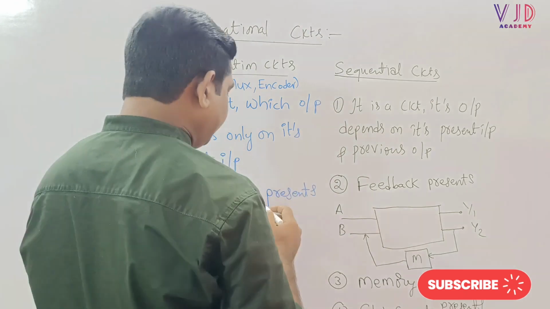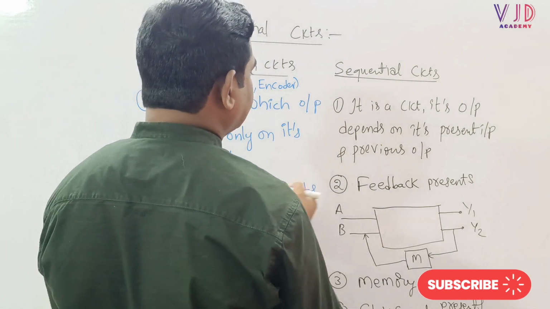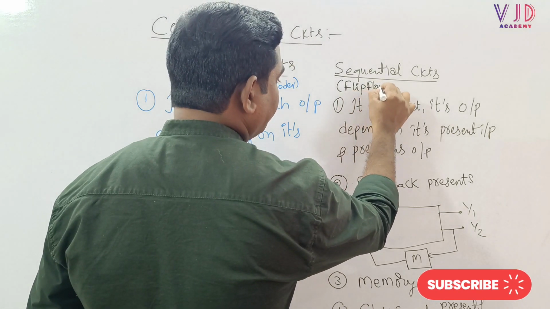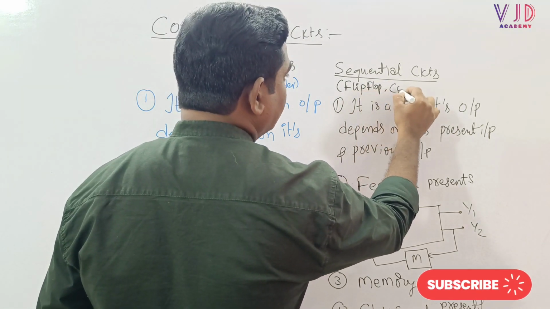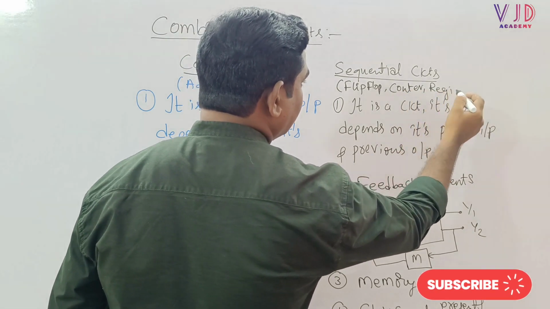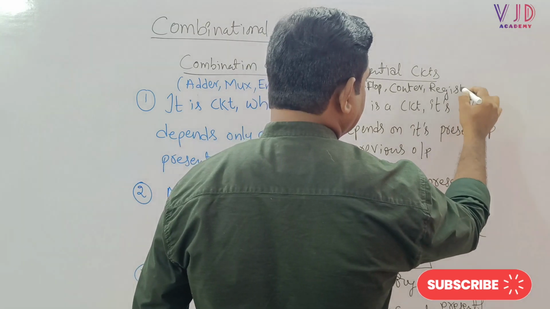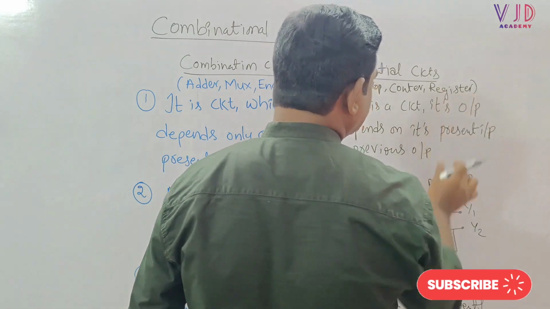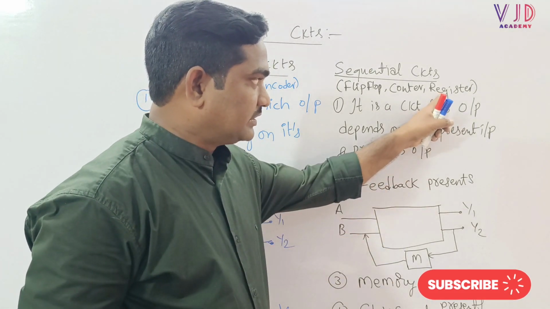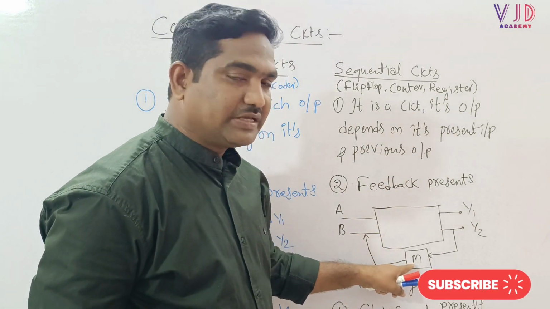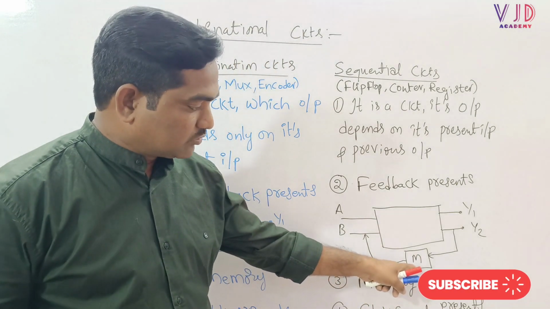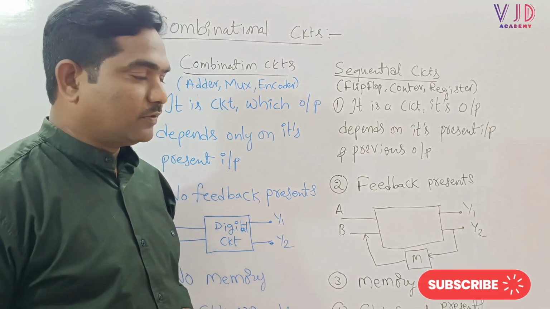Coming to sequential circuits, there are 3 circuits only: the first one is the flip-flop, the second one is the counter, and the third one is the register, not a resistor. This is a register, a 1-bit storage element used to store 1 bit, either 1 or 0. That is also called memory, or a buffer, to store 1 bit.